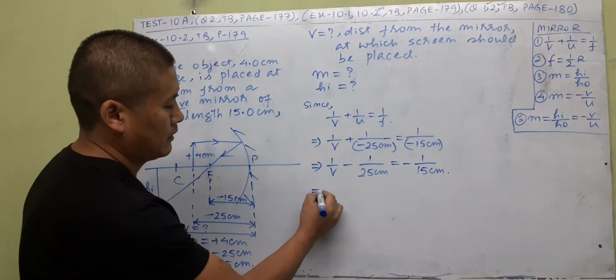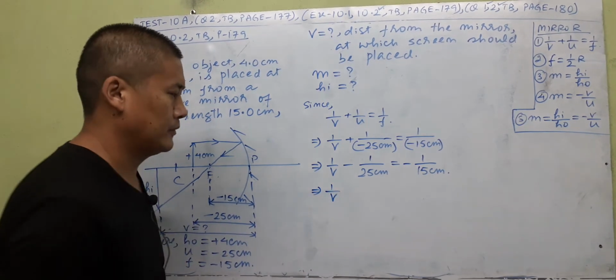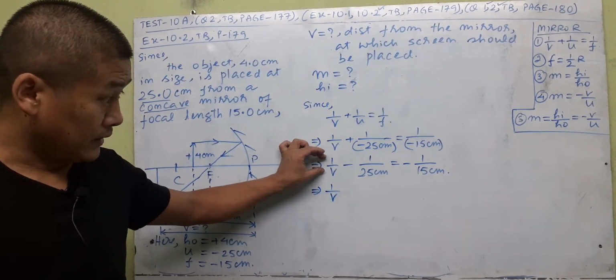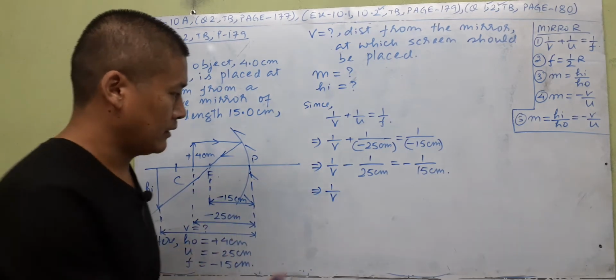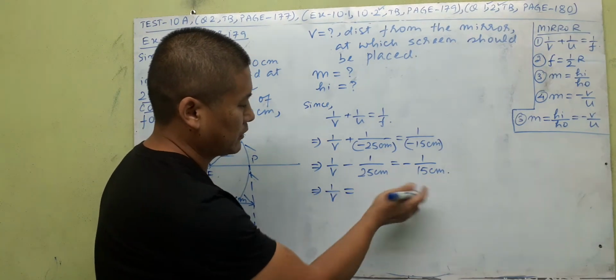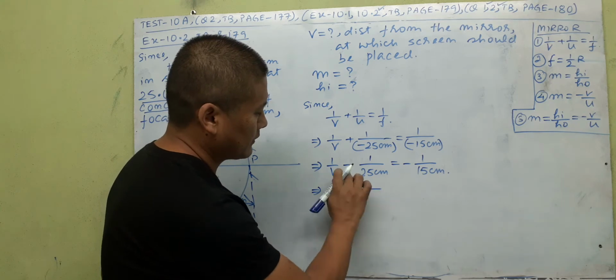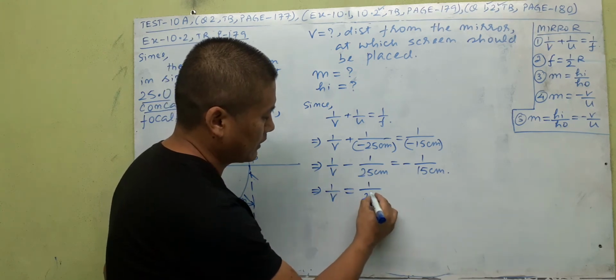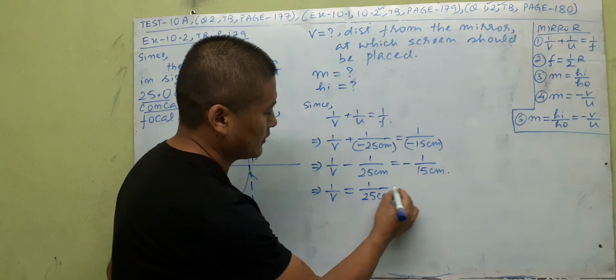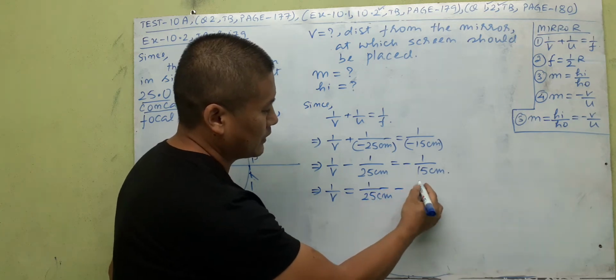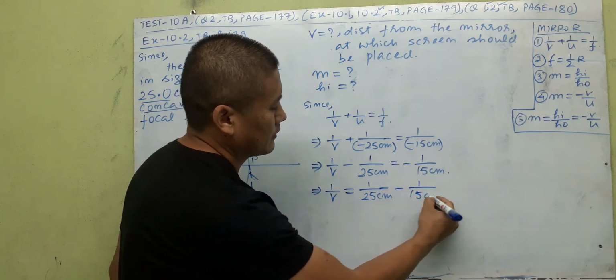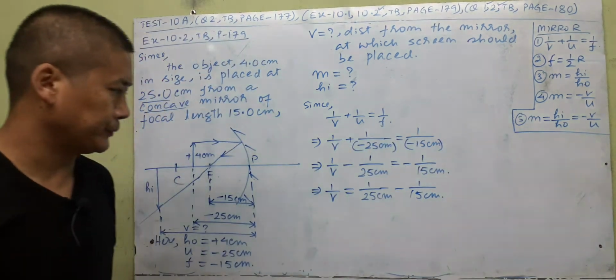Then 1 by V we want to find. So let us keep the term containing 1 by V on the left side and shift this one here. Minus 1 by 25 goes from left side to right side and becomes plus 1 by 25, the sign will change. And this sign will not change because we didn't shift. So this is what we're getting.